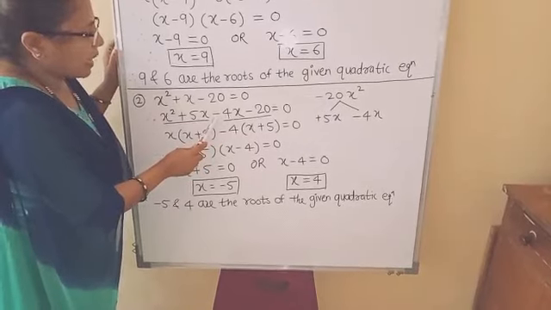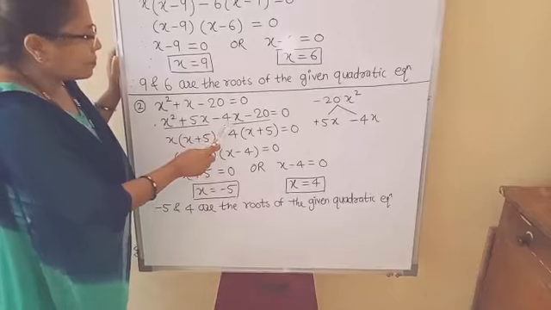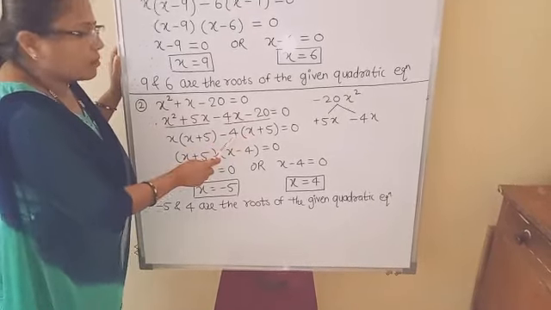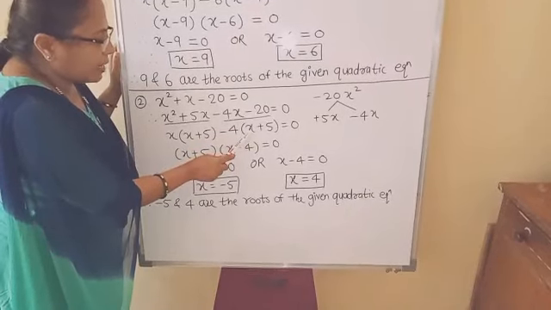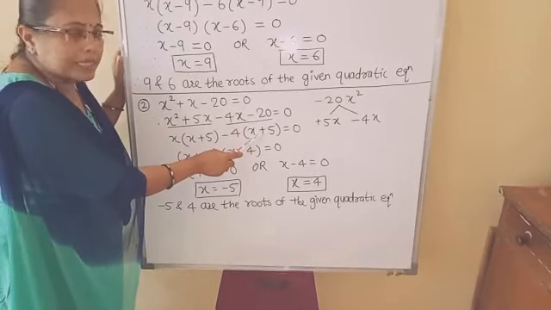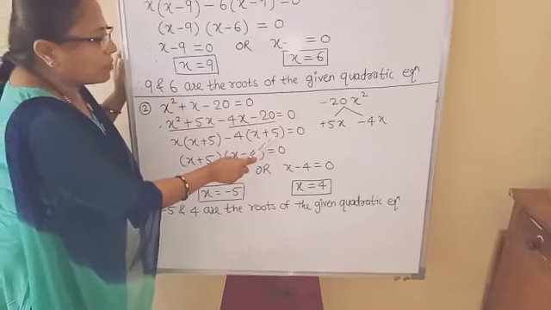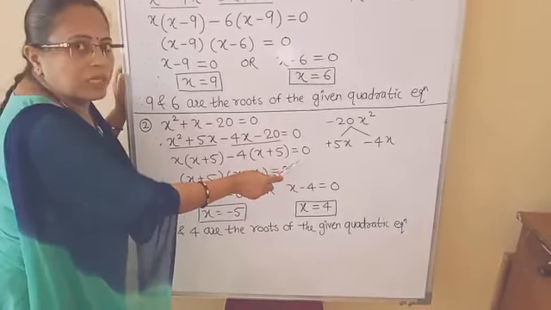The first term has a minus sign, so write a minus sign here. From the coefficients 4 and 20, 4 is the common factor. So the other factor is x. The minus sign we have taken common, so here we will get a plus sign. Divide 20 by 4. 4 5s are 20. So in the bracket we will get 5.